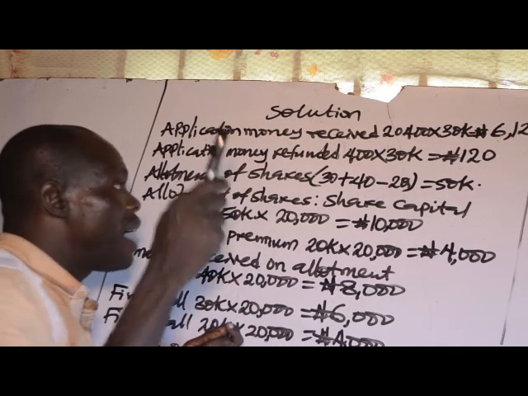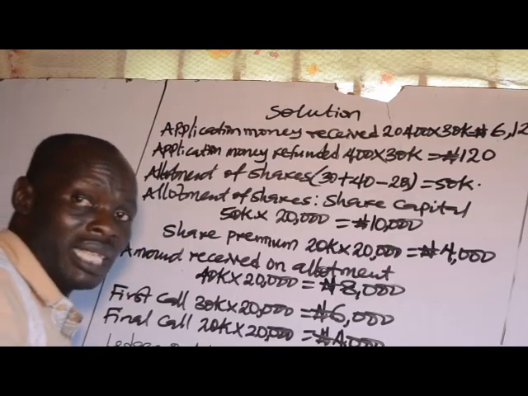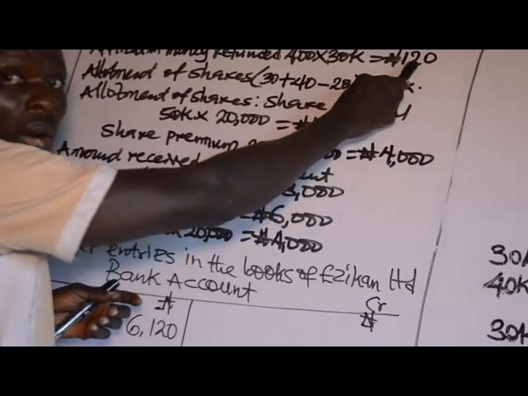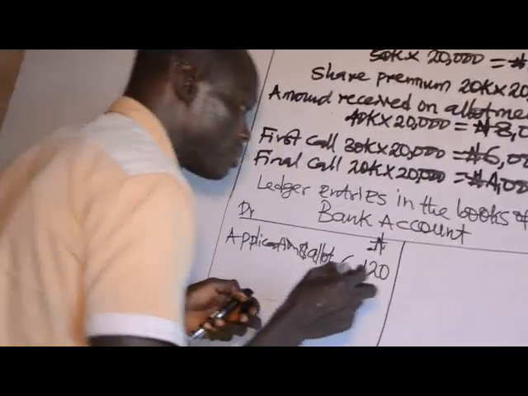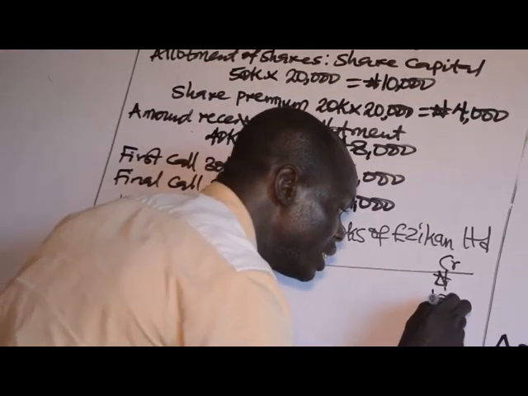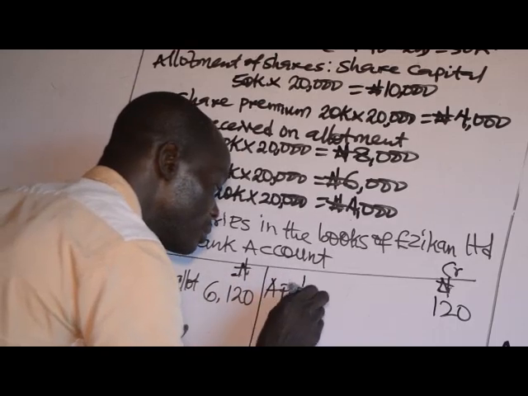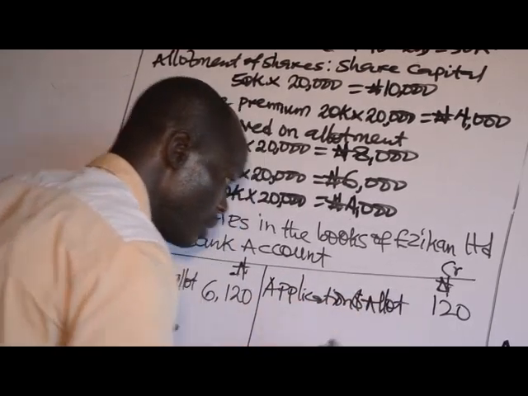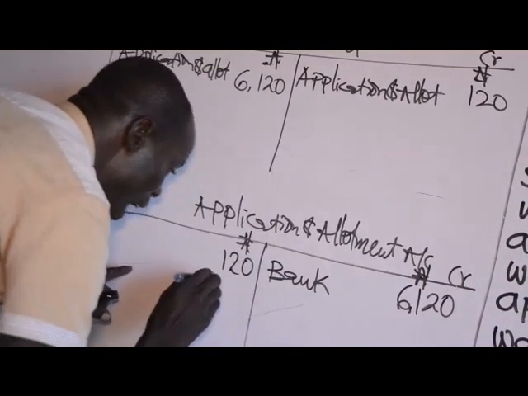Since bank is the giver, we credit the bank account with 120 naira, and we debit the applicant's account, that is, the application and allotment account.